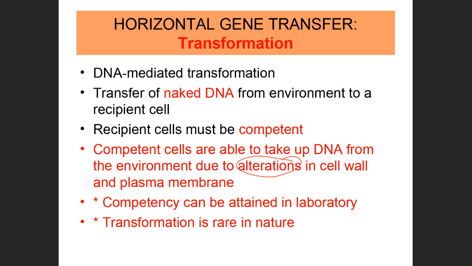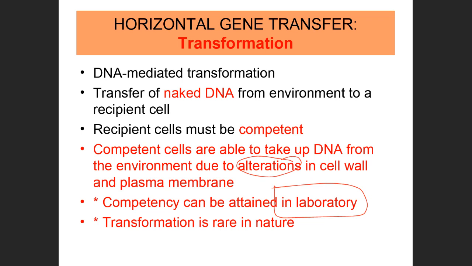DNA molecules are huge, so it has to be a very damaged cell wall that will allow for DNA to go through. In the laboratory, we make cell walls weak by either shocking them with electricity or putting them in very high salt concentrations. That will make the cell competent. So those are two tricks that we do to make the cells competent.